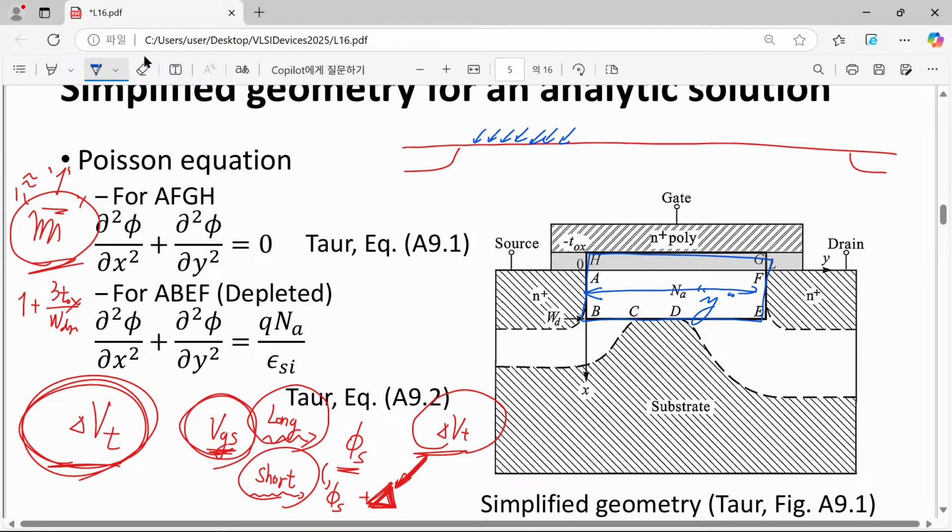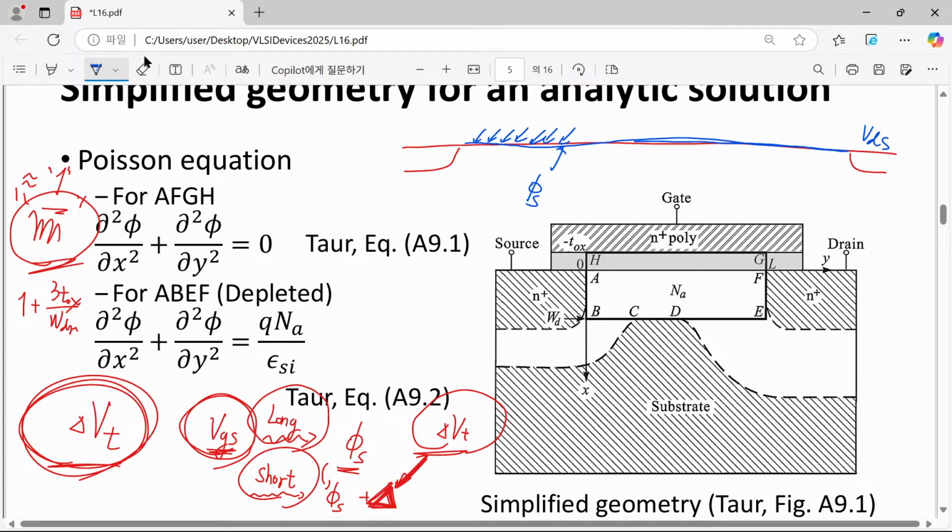That is the difference between a long channel device and a short channel device. And think about this one. Suppose drain voltage equal to 0 volt, and in this case we can define our surface potential quite well, and that will be almost uniform along this long channel device.